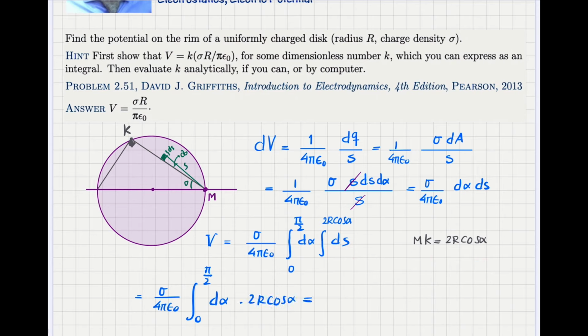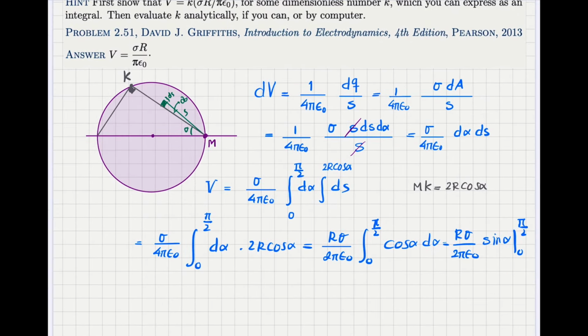But 2r goes out from the integral, then I will get r sigma divided by 2 pi epsilon 0, and then I have integral from 0 to pi over 2 of cosine alpha d alpha, which is very simple to calculate now. You don't need a computer at all. So this becomes sine alpha, and alpha goes from 0 to pi over 2. So this becomes 1. This becomes r sigma divided by 2 pi epsilon 0.